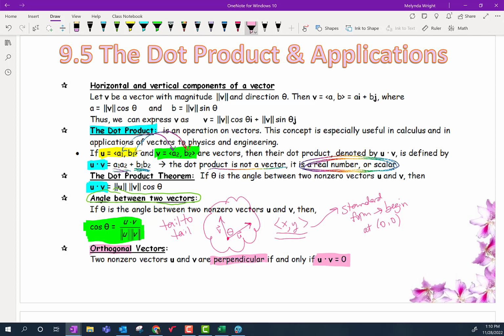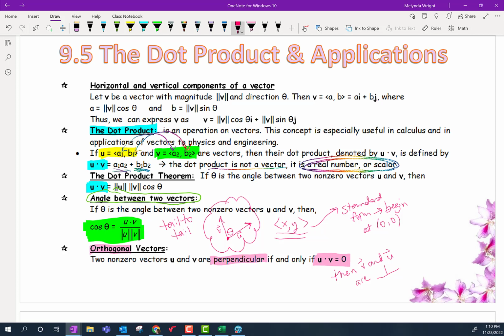If we do the dot product and get a 0, then vector v and vector u are perpendicular. I'm going to use the symbol that we used in geometry for perpendicular. So the vectors will be perpendicular if their dot product is 0.